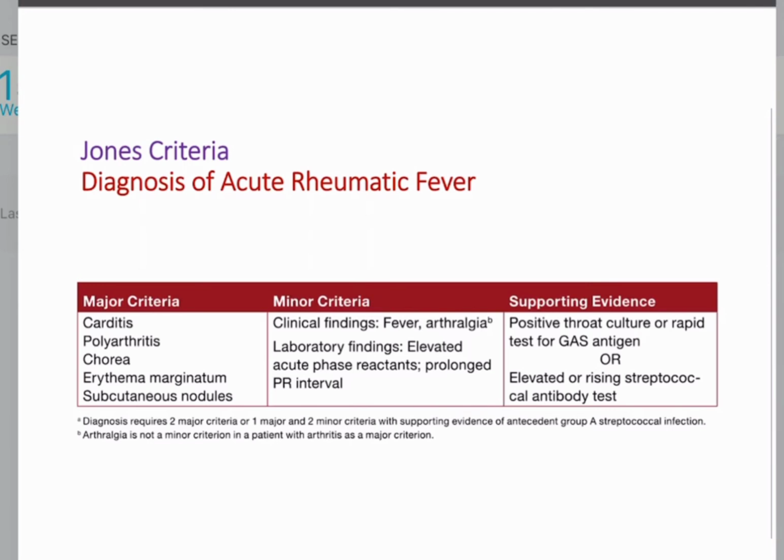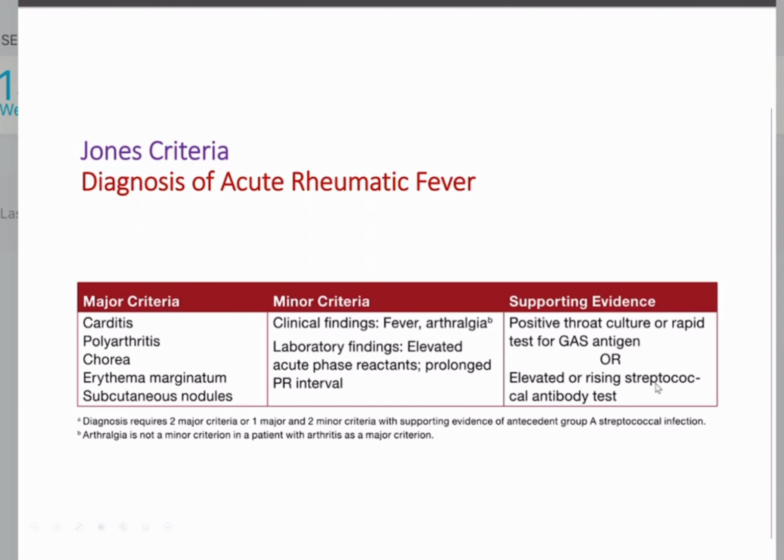So they have the P wave, QRS complex, and then followed by T wave. So there is a lag between the P wave and the initiation of the R wave. This will be taught to you more in medicine, but just to remember here, prolonged PR interval. Then there could be certain supporting evidence in terms of positive throat culture, rapid GAS antigen, or rising antibody titer.